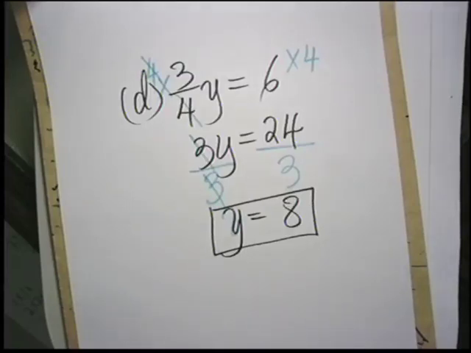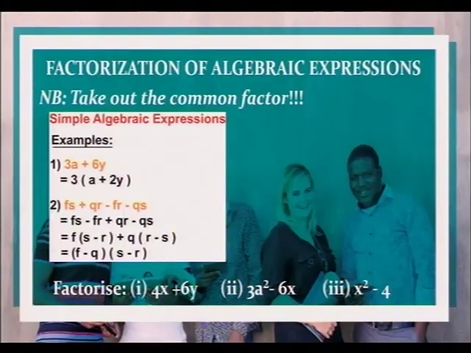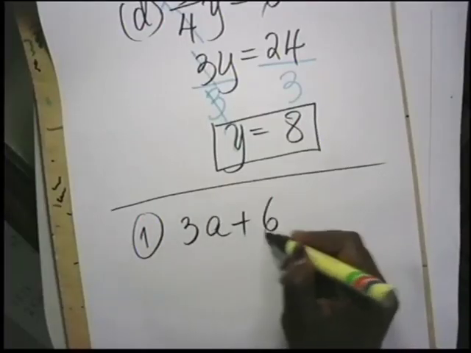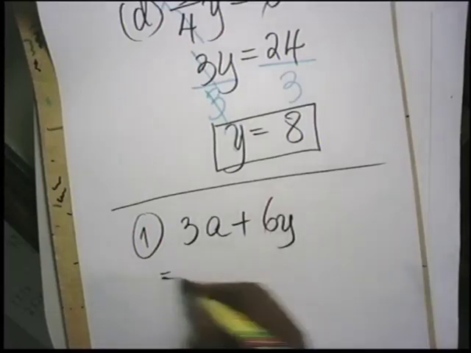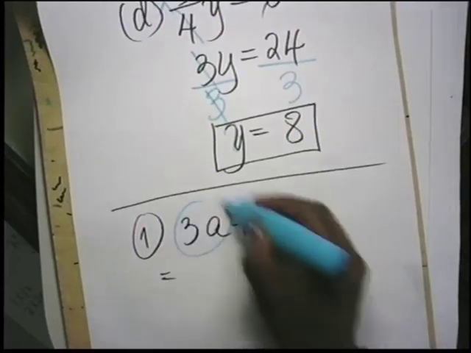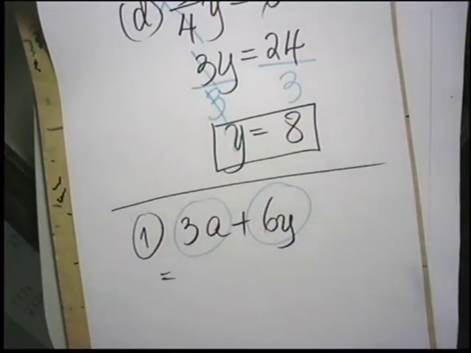There is also a question on factorization of algebraic expressions. What does that mean? That means take out the common factor. Okay, let me draw a line here and quickly show you how we got the answer. 3a plus 6y is equal to, which number can we think of that can divide into this term and also into this term at the same time without a remainder?